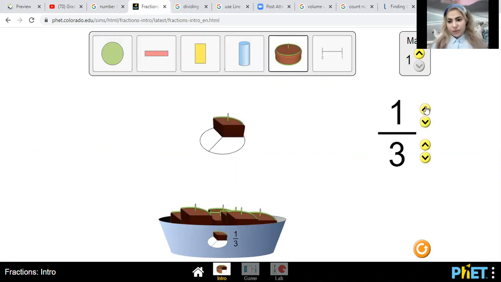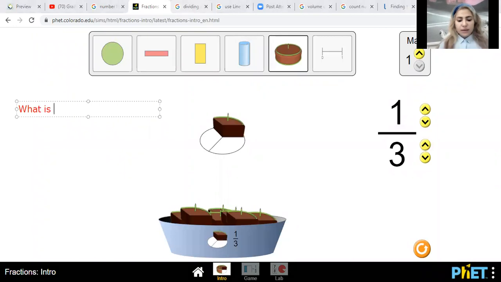Let's see, I have here 1 out of 3. 1 out of 3 is a fraction. If I ask you, what is the reciprocal of 1 out of 3?